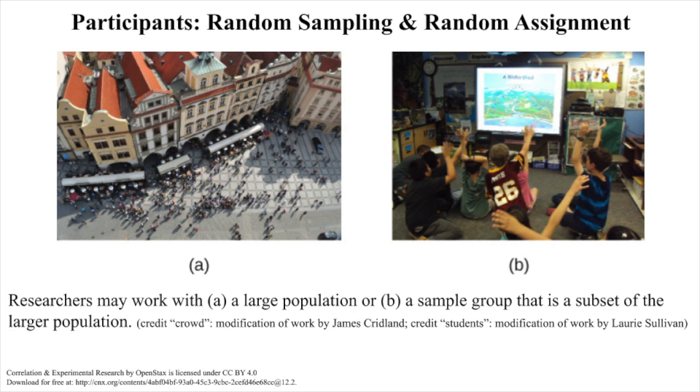In psychology, group differences are considered meaningful or significant if the odds that these differences occurred by chance alone are 5% or less. Stated another way, if we repeated this experiment 100 times, we would expect to find the same results at least 95 times out of 100.